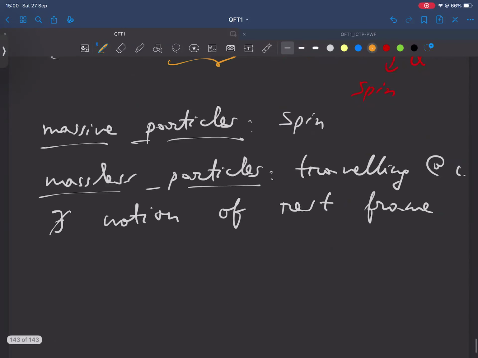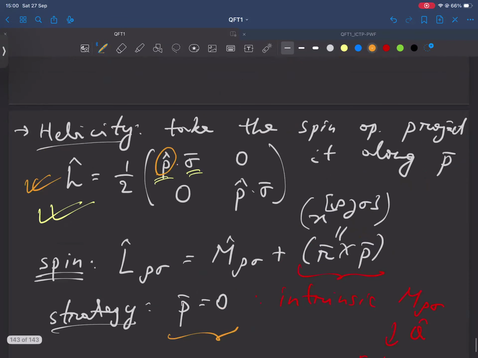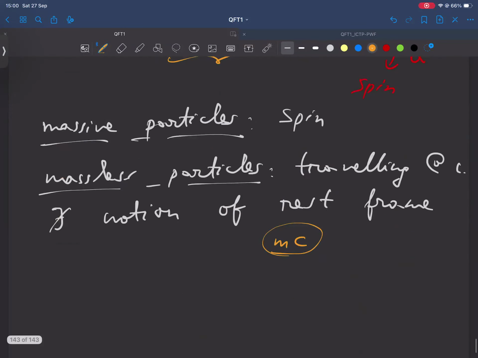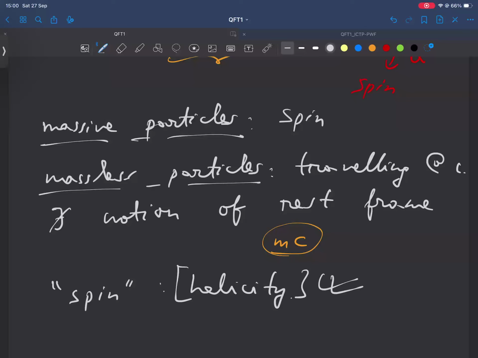You can take the spin operator and act it on the momentum to get the helicity. So, in the strictest sense, when people say spin of massless particles, all they mean is this helicity. Because as we argued, otherwise it's not properly defined.